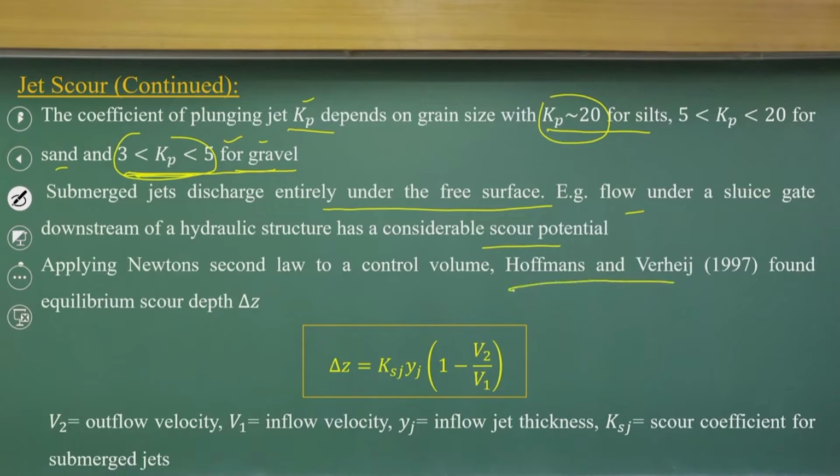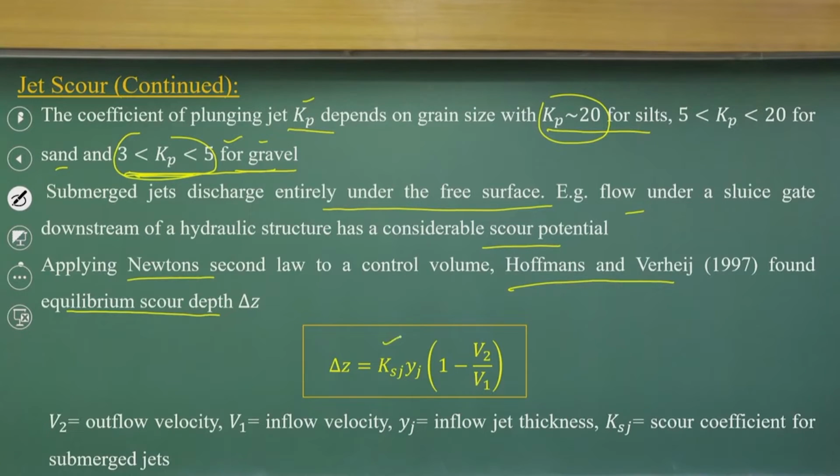Hoffmans and Verheij 1997 established the equilibrium scour depth. It follows Newton's second law. This is what we have been discussing, applying the linear momentum equation in a control volume, exactly the same concept using coefficients.